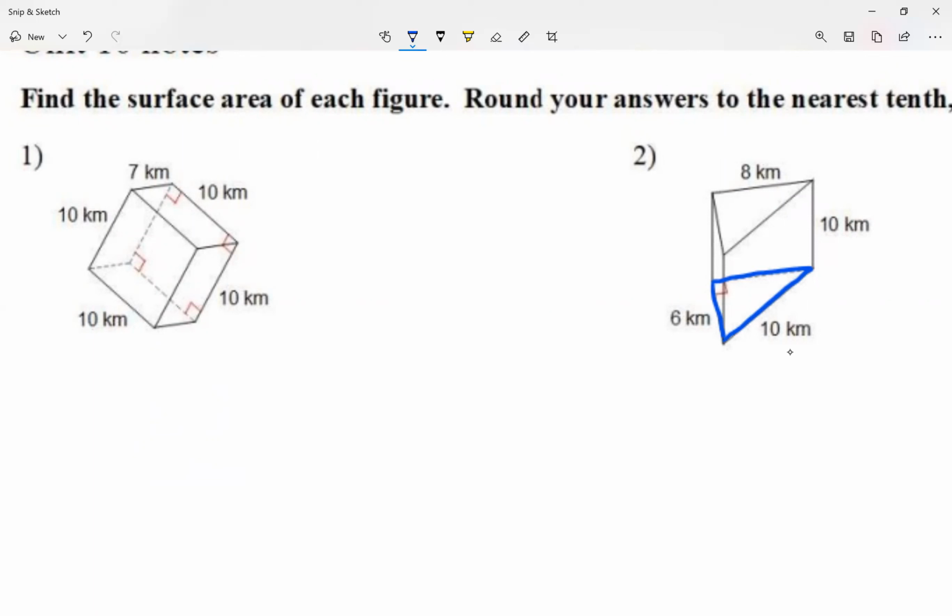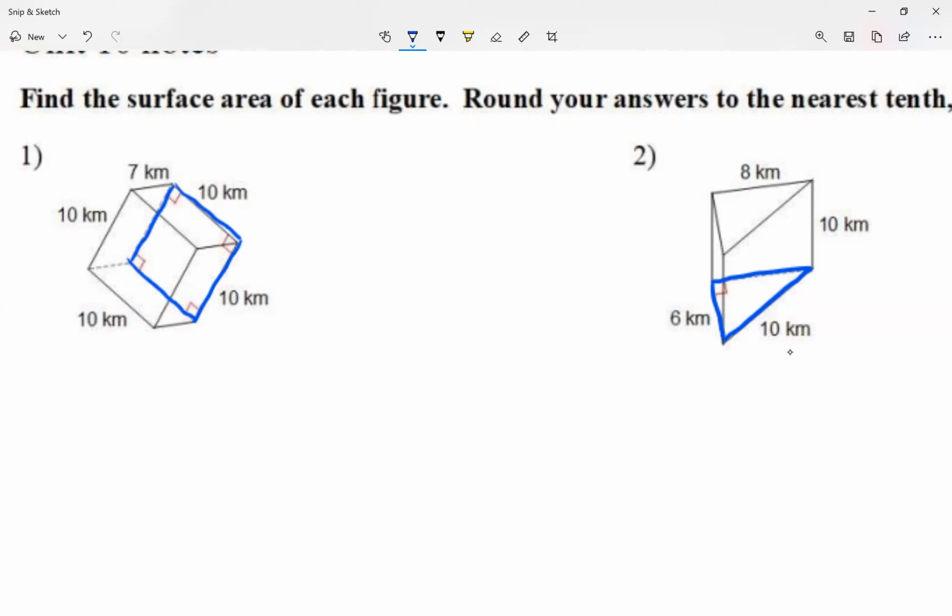Now, let's take a look at a room. I'm in a classroom, and you guys are probably in a bedroom or somewhere. Usually the two bases, the one on top and the one on the bottom, are rectangles as well. So that can happen. Looking at number 1, the bases are rectangles. When the bases are rectangles, you can see there are 4 90-degree angles. Let me highlight this rectangle here.